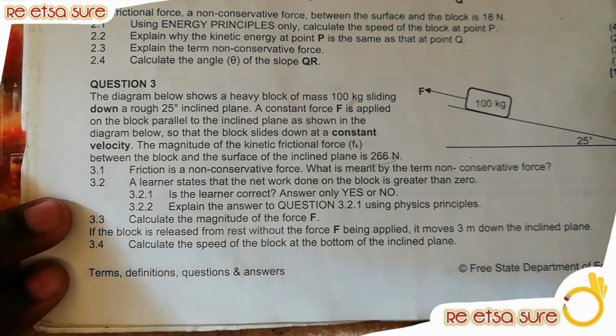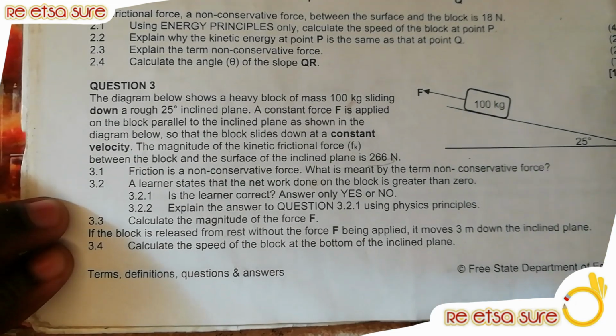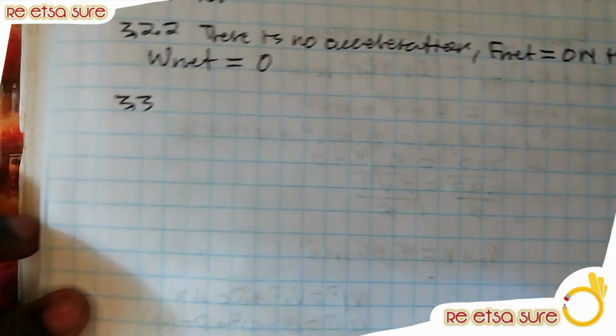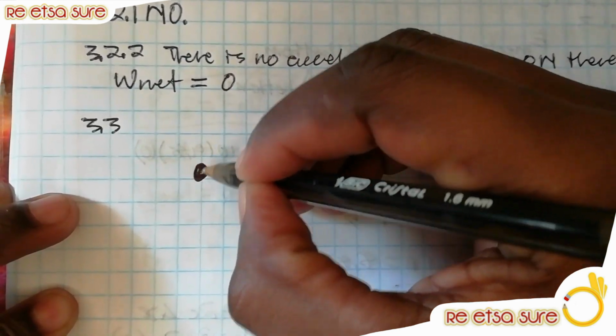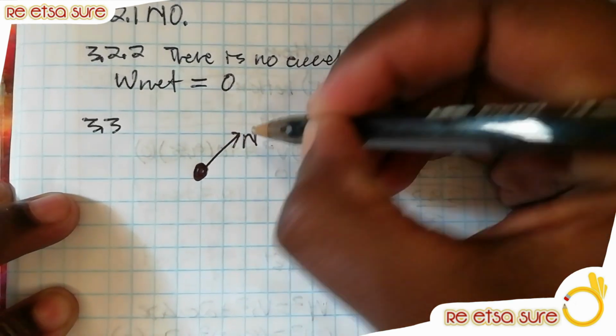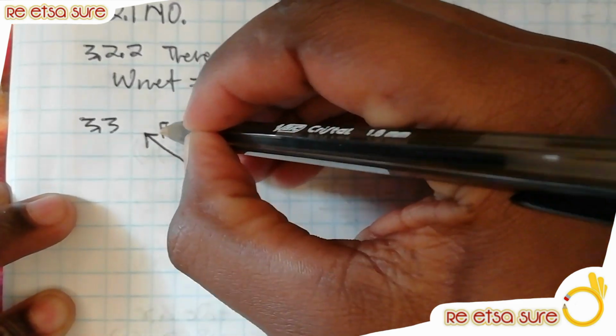Question 3.3. Calculate the magnitude of the force F. Now we need to draw a free body diagram for this scenario. We have normal force, we have weight, we have force applied.